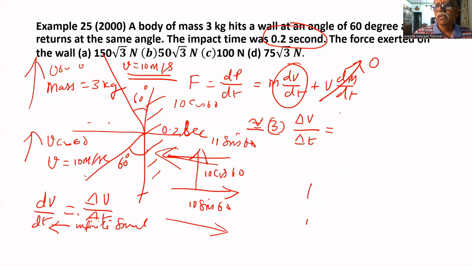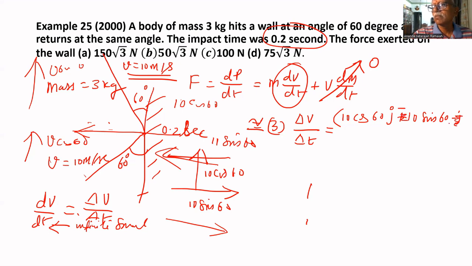Therefore we can write 10 cos 60 in the direction of J. The sine component is towards the left, so we put I: 10 sin 60 minus I. Therefore we put a minus sign here.